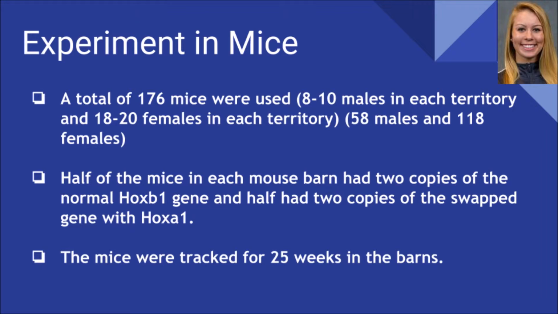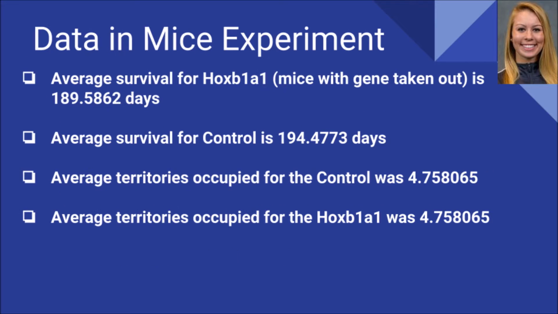Half of the mice in each mouse barn had 2 copies of the normal HOXB1 gene and half had 2 copies of the gene swapped with HOXA1. The mice were tracked for 25 weeks in the barns. The average survival for the HOXB1A1 group is 189.5862 days, and the average survival for the control is 194.4773 days.